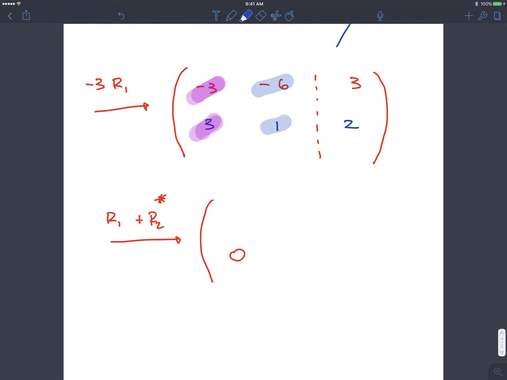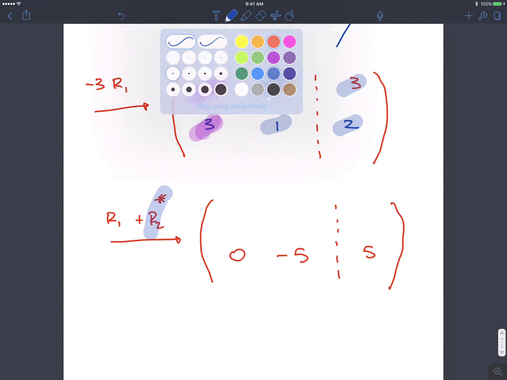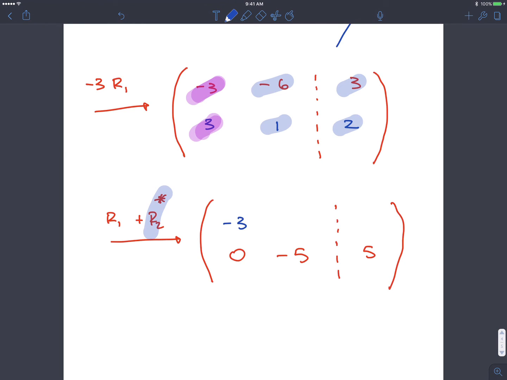Negative 6 plus 1 is going to give me negative 5. Positive 3 plus 2 is going to give me positive 5. This changed row 2. Only row 2 is going to change, and row 1 stays the same. I have negative 3, negative 6, and positive 3 now.